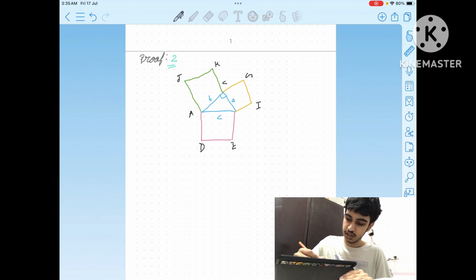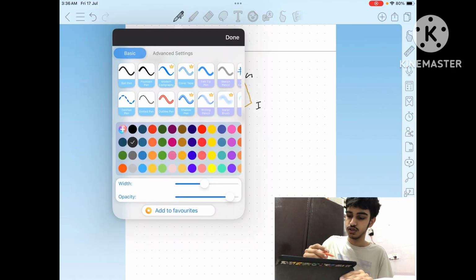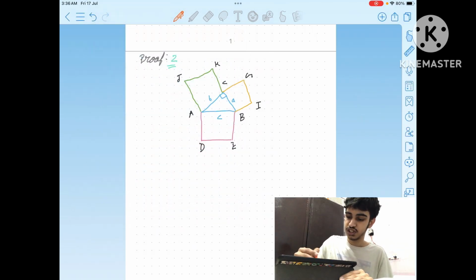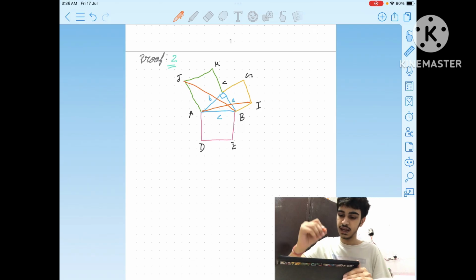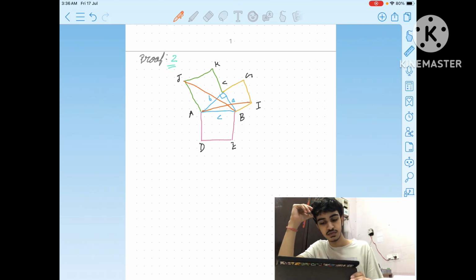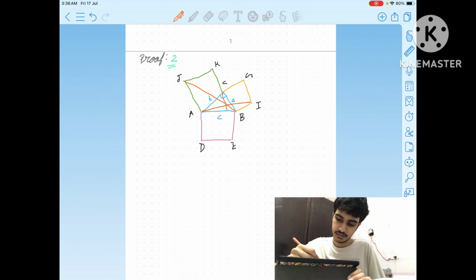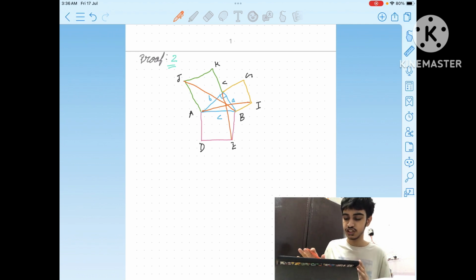This will be A, C, B. So what we are going to do is first of all join the sides AI, BJ, and CE. Now we have joined these 3 sides. Okay, and let's join CD also.